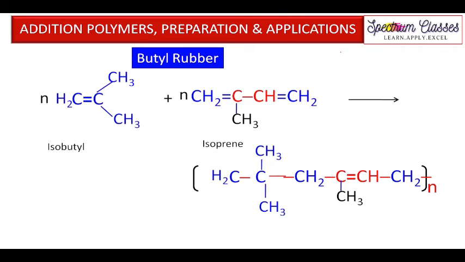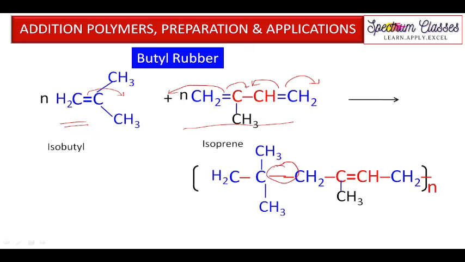Now the next part is butyl rubber. So here is the butyl rubber. What is called butyl? This is isobutylene n times, and this is isoprene, right? So these two react with one another, and this is a copolymer. So this bond goes this side, this bond goes this side, and they will form a new bond.